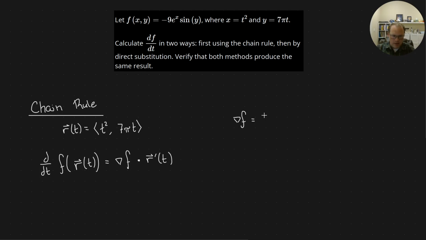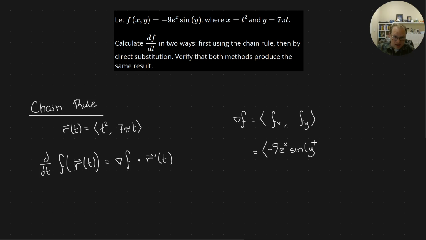So the gradient of f is going to be the vector of partial derivatives. The partial derivative of f with respect to x would be, well, this is the only variable that we wouldn't treat as a constant, and the derivative of e to the x is e to the x. So actually we get exactly the same thing as we start with.